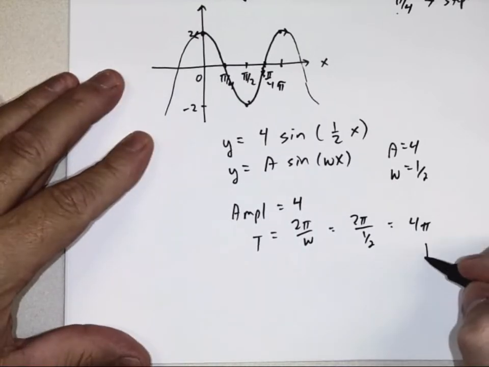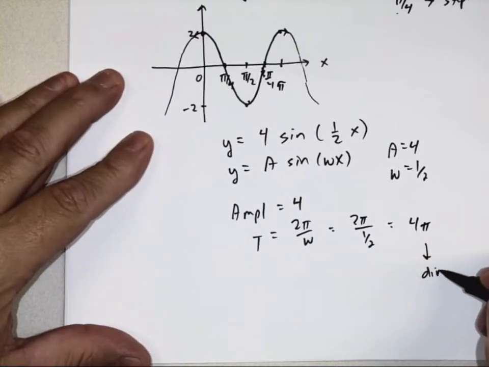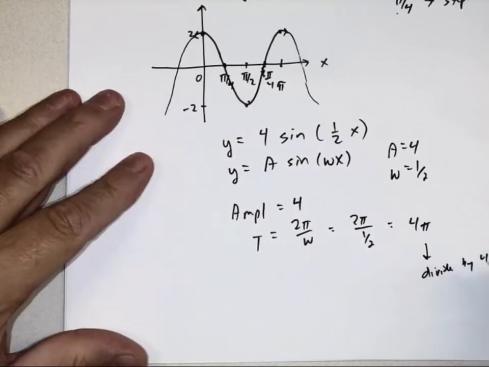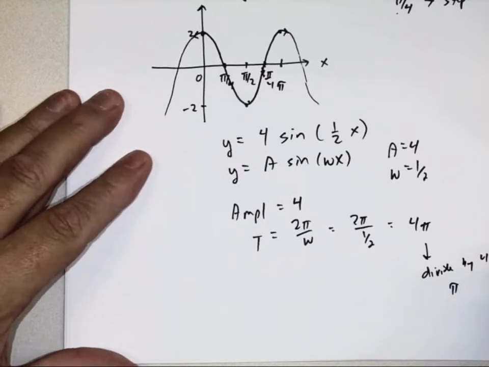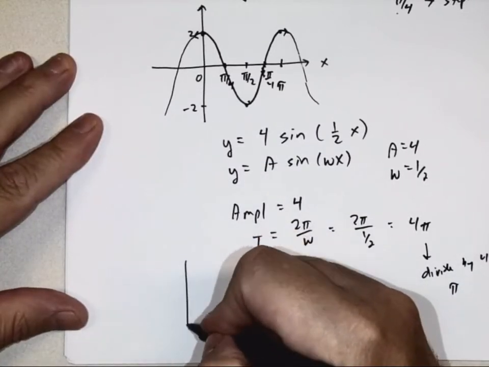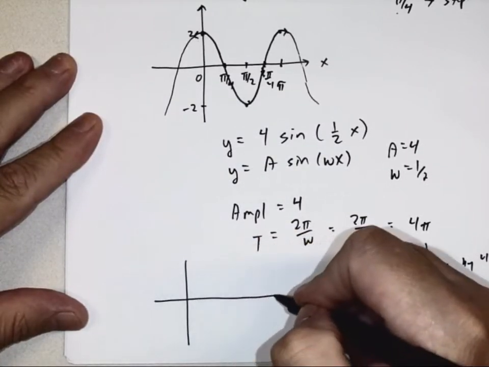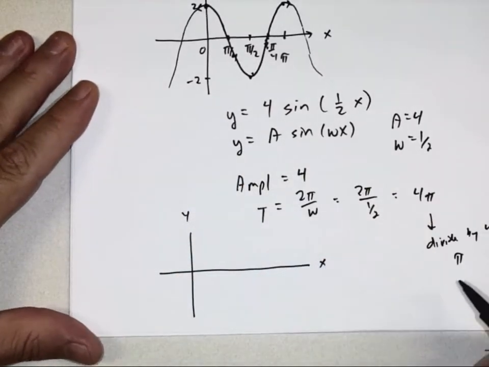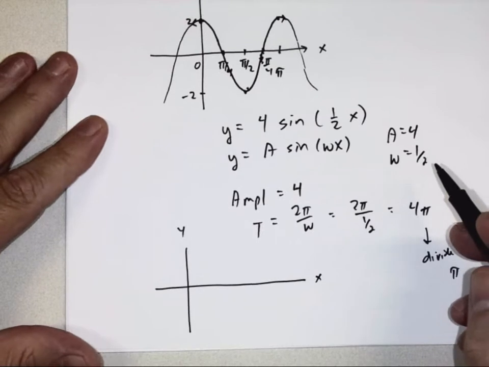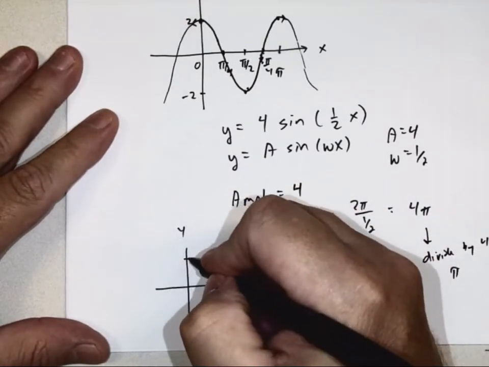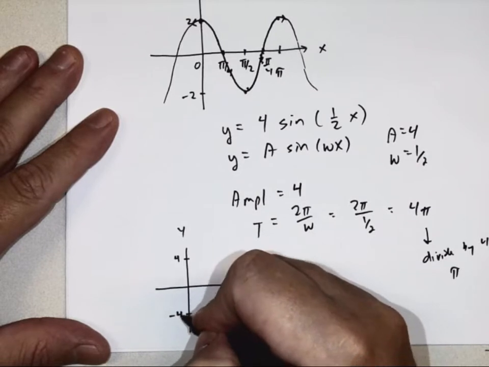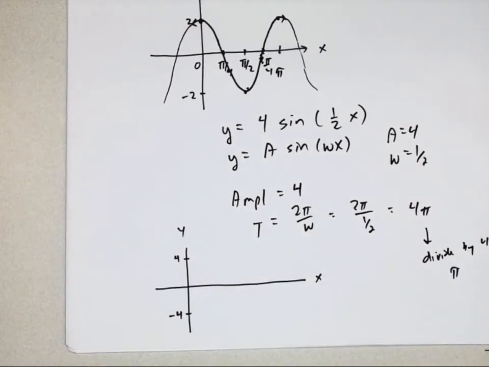Now remember, whenever I get my period, I'm going to divide it by 4. So every step is going to be pi. So since I know my amplitude is 4, I'll just make this mark 4 and this negative 4.